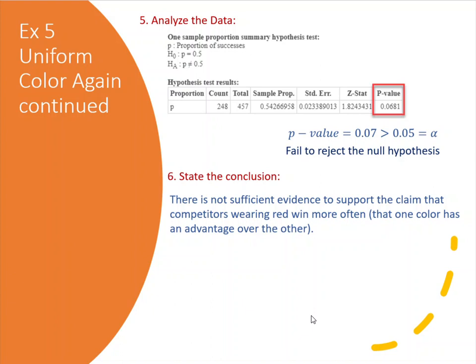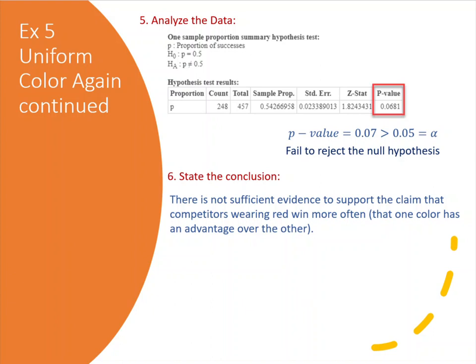Now, notice the difference between the two examples we did here. In example 4, we were talking about a claim that red wins more than 50% of the time, which is what we were assuming. And in this example, we just didn't know who won more often.